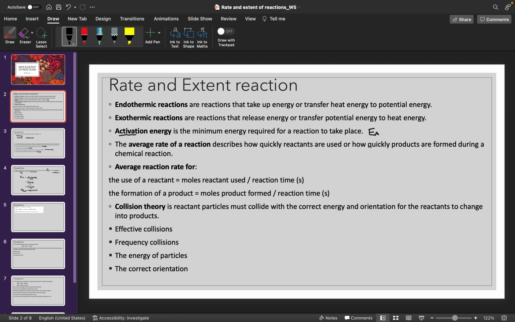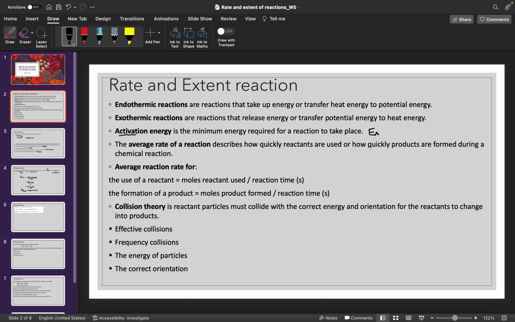And also, in this case, since we're talking about energy, we will talk about the reaction rate, or the rate of reaction. The reaction rate indicates the change in the concentration of the reactants or the product per unit time. The average rate of reaction describes how quickly reactants are used or how quickly products are formed during a chemical reaction.